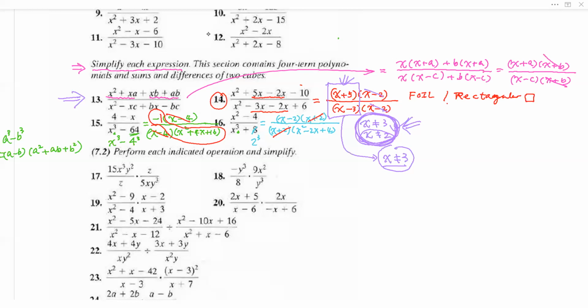Okay, let's move on. Number 17. 17 is a very easy case, right? Let's see what's going on here.